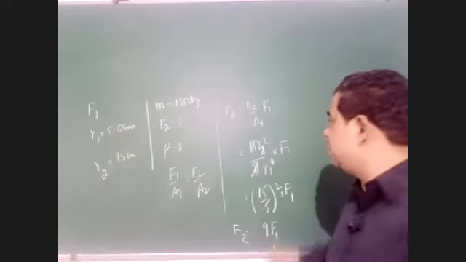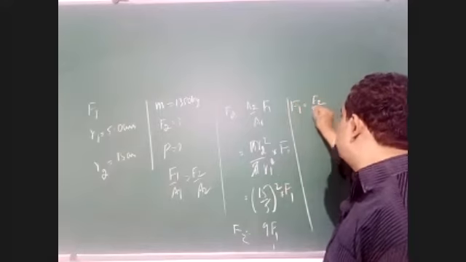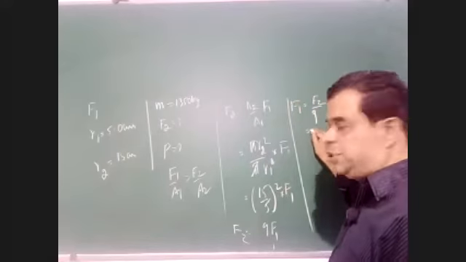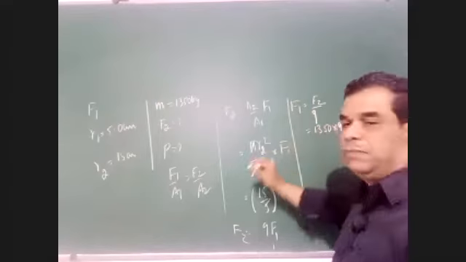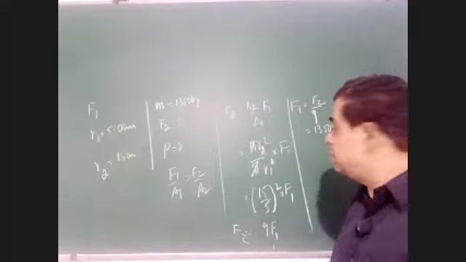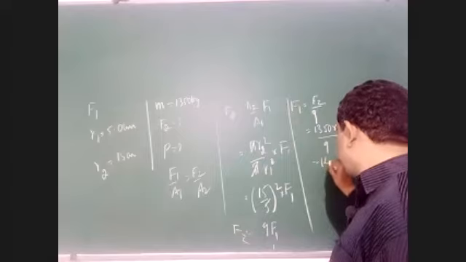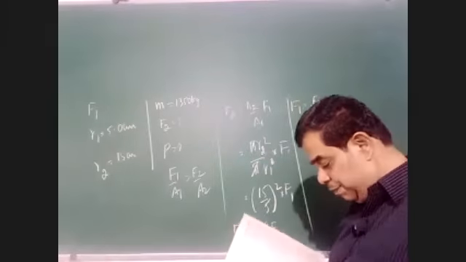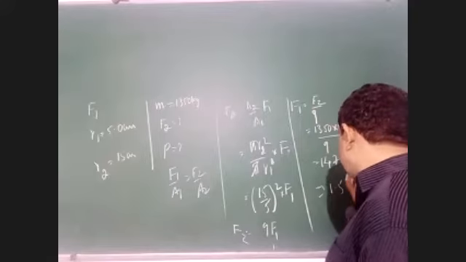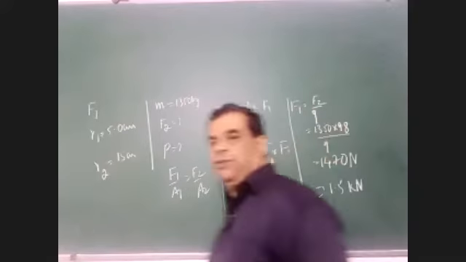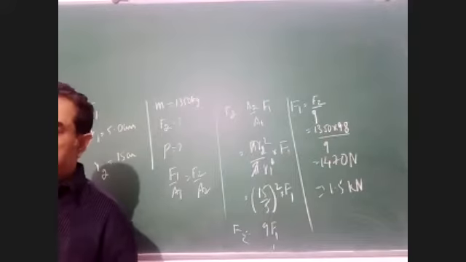We substitute everything. Observe carefully. F1 is F2 by 9. F2 is how much? 1350 into g, 9.8. That is the force to be lifted. Divided by 9. How much should it be? It is approximately 1,470 newton. Approximately, you can say 1.5 kilonewton, 1,500 newton.